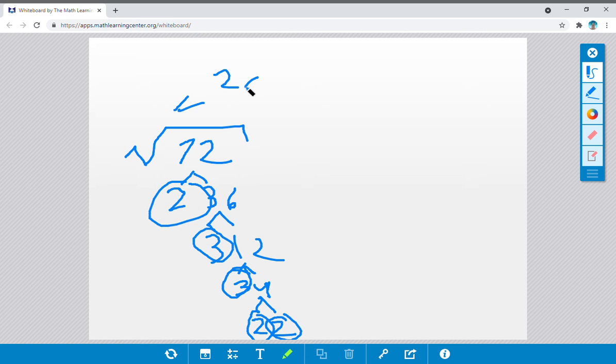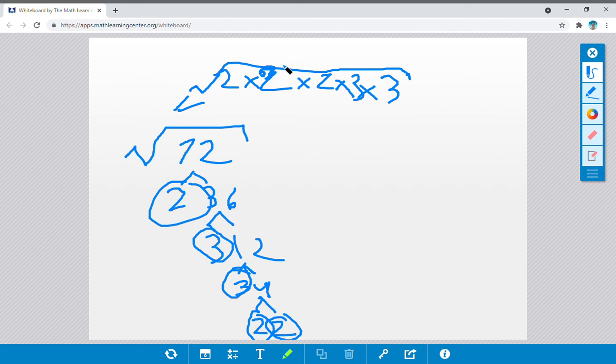So let me do this. 2 times 2 times 2 times 3 times 3. Please excuse my handwriting, I am not doing good because I am using a whiteboard on my computer. So how will I do this? This looks way more complicated than this, right?